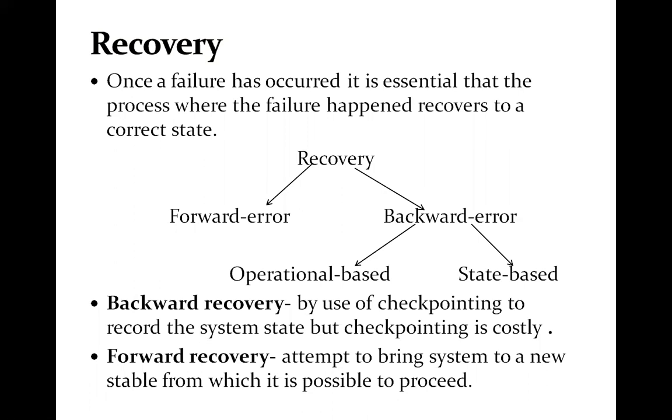One is the forward error recovery approach, and another one is the backward error recovery approach, which is further divided into two strategies, operation-based and state-based. So let us go and discuss what the forward recovery scheme is and what the backward error recovery scheme is.